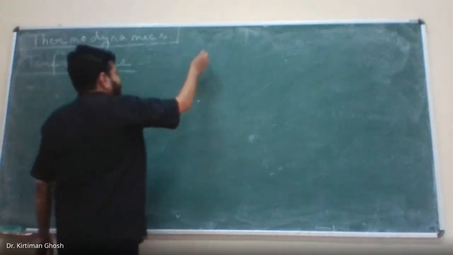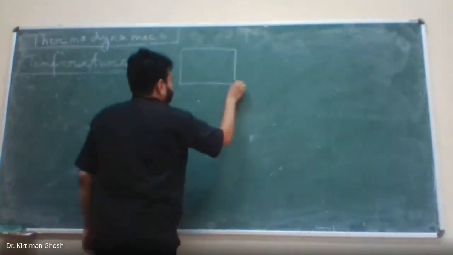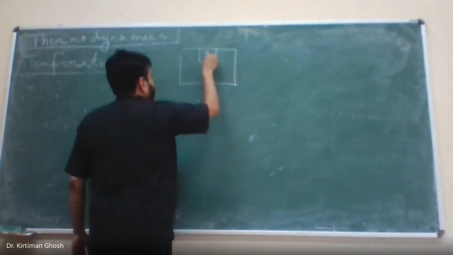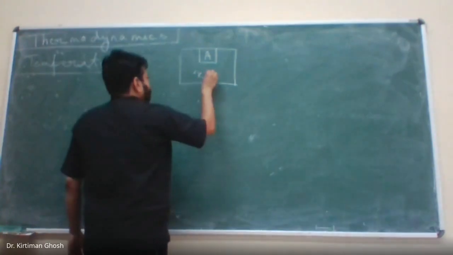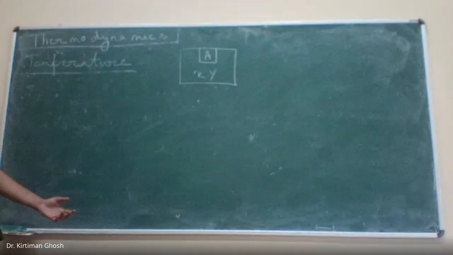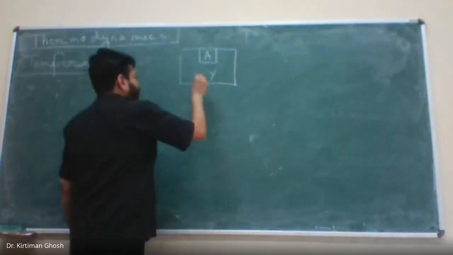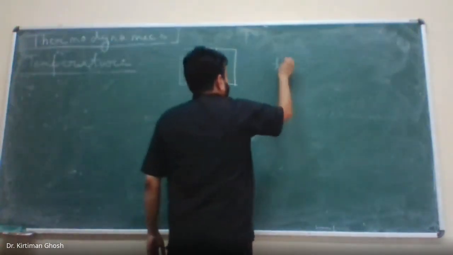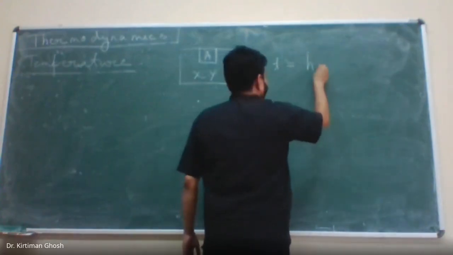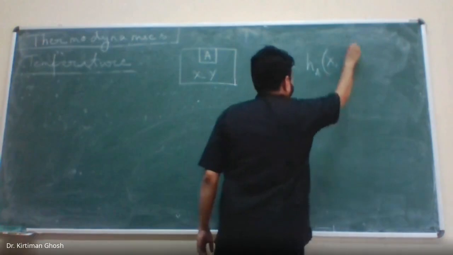And we saw that if we have a simple system whose thermodynamic coordinates are x and y, determined by only two thermodynamic or macroscopic variables, x and y, the empirical temperature is given by some function h of a, which is a function of x and y.